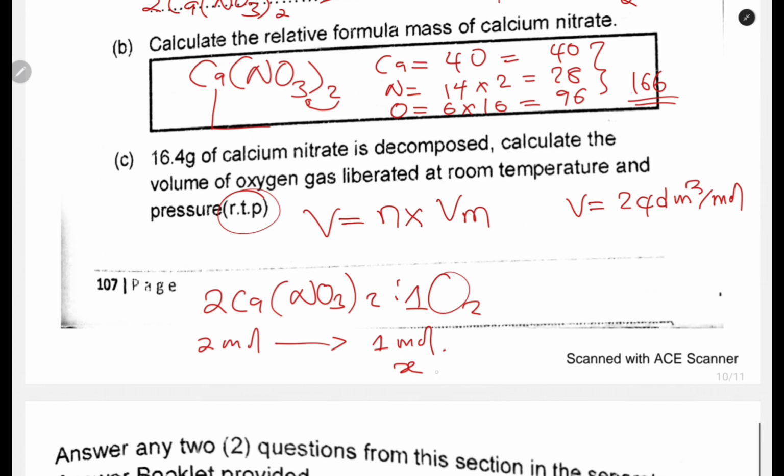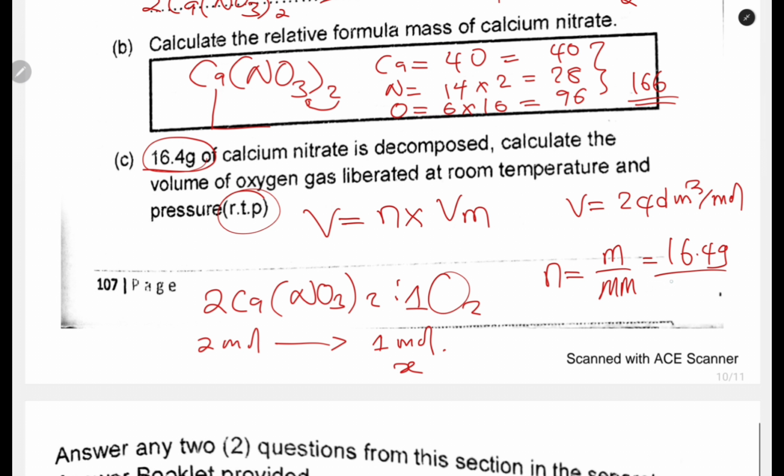Now we are looking for the number of moles of oxygen for us to calculate the volume. So we need to know the number of moles of nitrate in this 16.4. The number of moles is given mass divided by molar mass. Given mass is 16.4 gram.